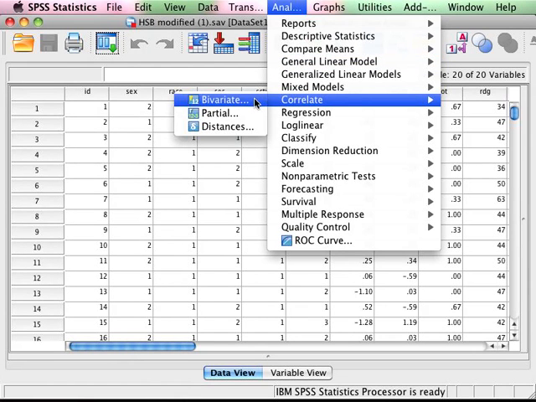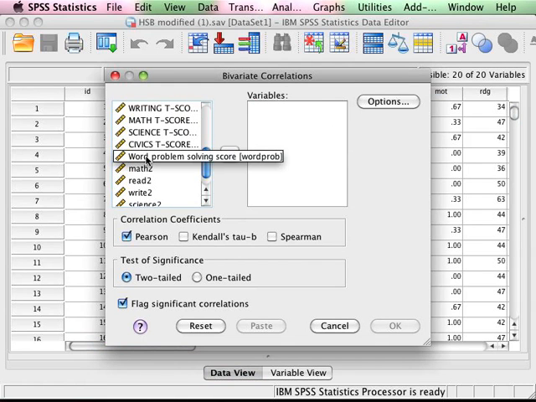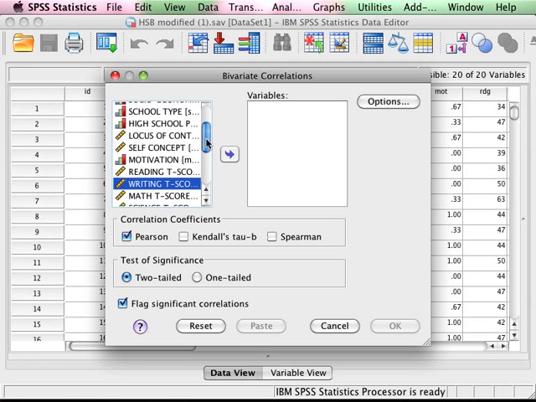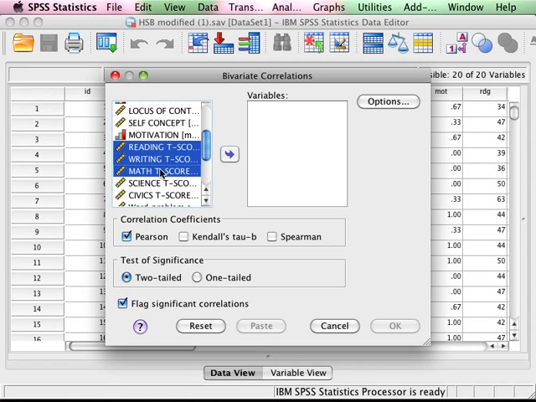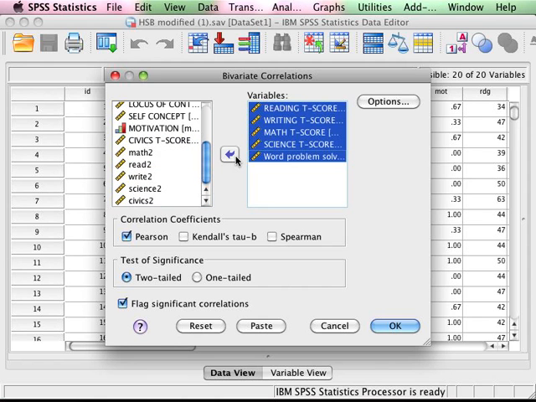All right, so let's go with another one. Correlate, Bivariate. Again, let's throw in a few more: reading, writing, math, science, and word problem solving. So we should have 5 things in there right now.